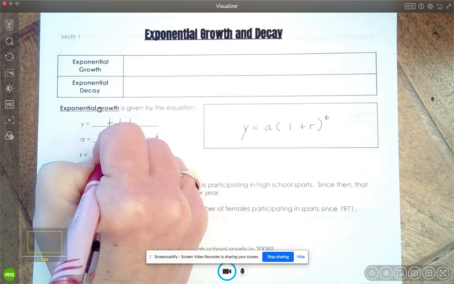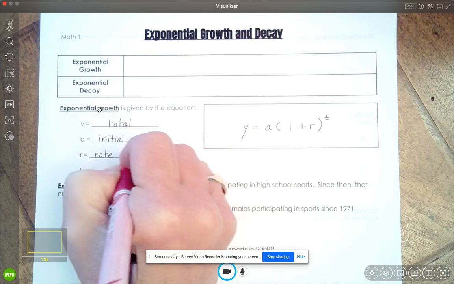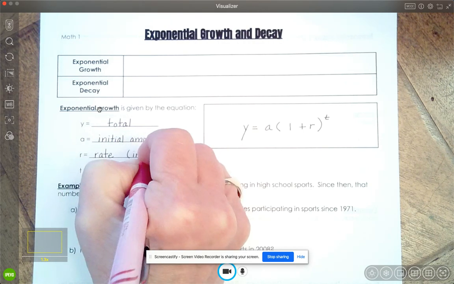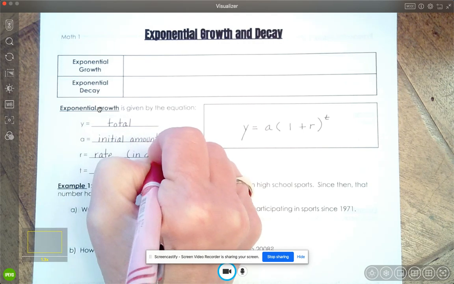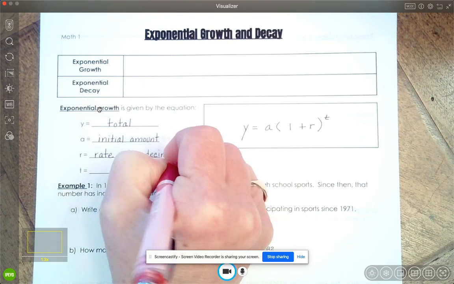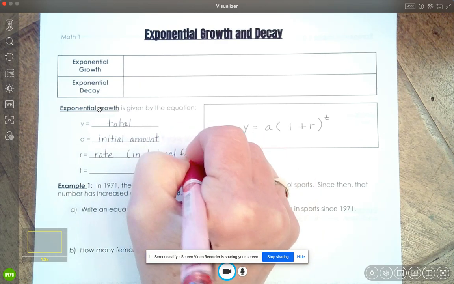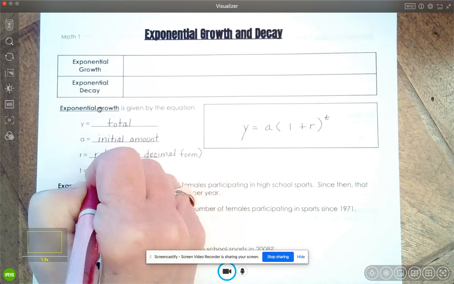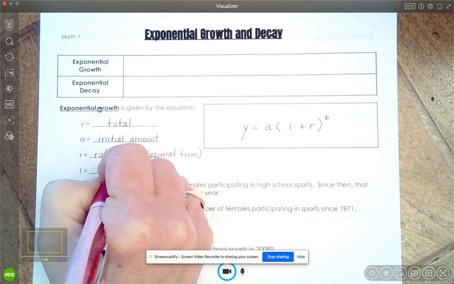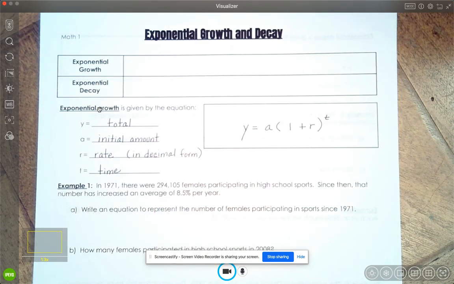It is my rate of growth, and that is in decimal form. That's very important that that be in decimal form, and T is time. All right? I'm going to have you do these examples that are on the front.